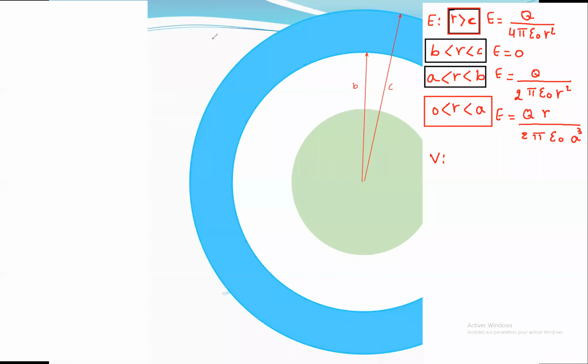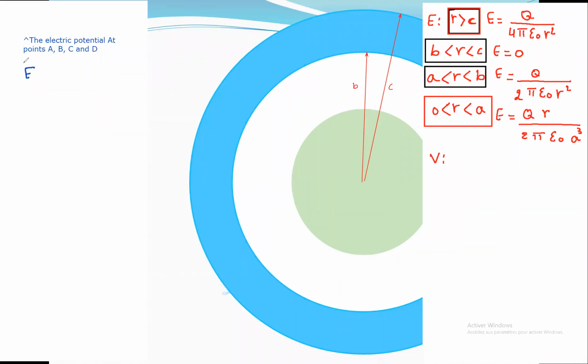Part B, I want to calculate the electric potential at A, B, C, D. Okay. Here, you know, we have a relation between the electric field and the electric potential.